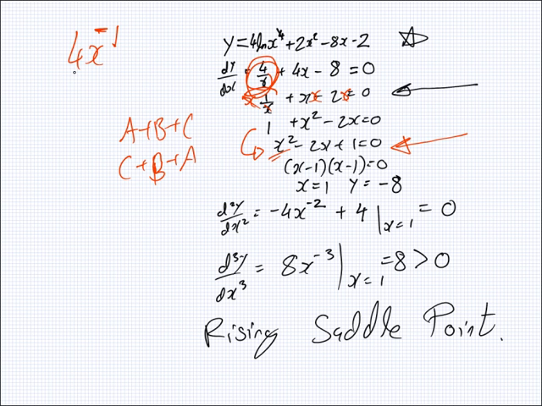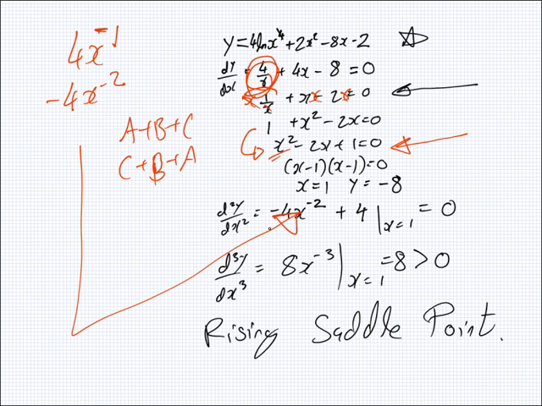If you bring the power down, 4 times minus 1 is minus 4, and then you minus 1 from the power. It's using the power rule for the derivative. Then we substitute the 1.